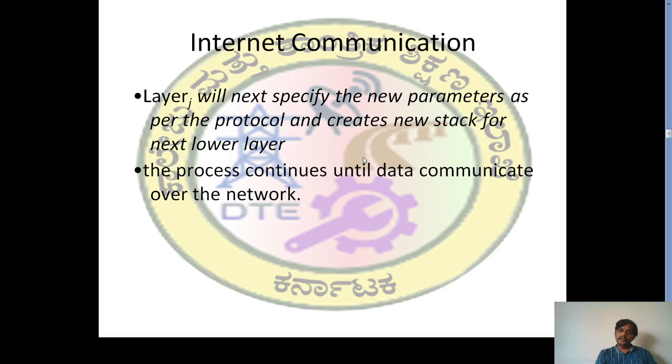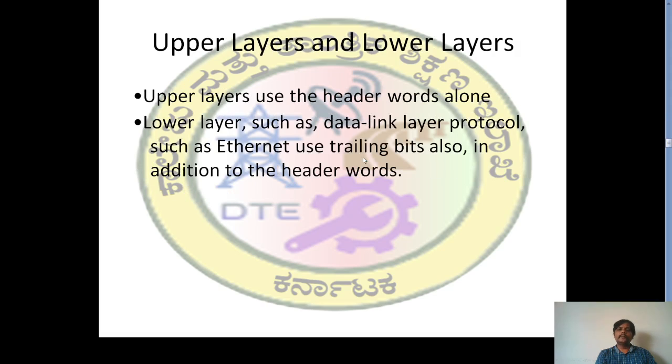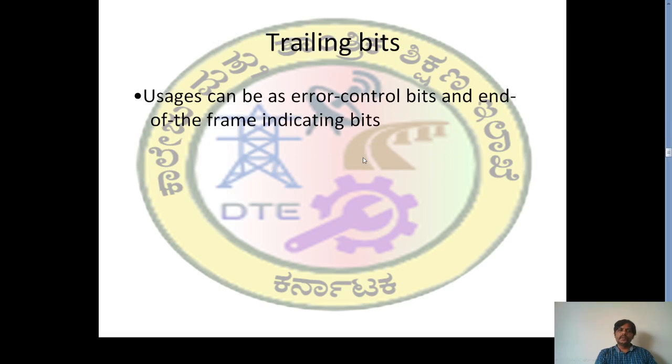Those trailing bits are used for error control. Trailing bits usages can be error control bits and end of the frame indicating bits. They are used for error control, and they also indicate the end of the frame.